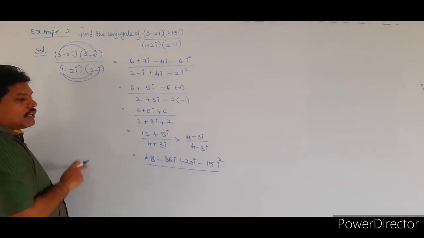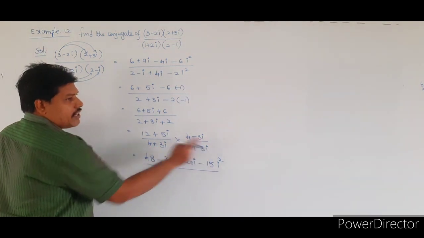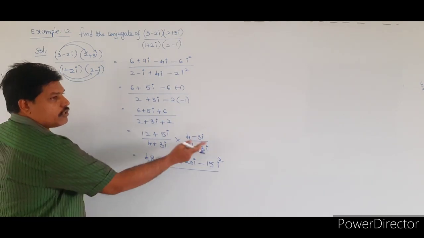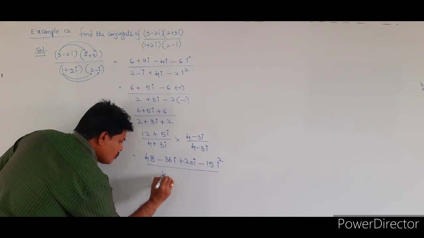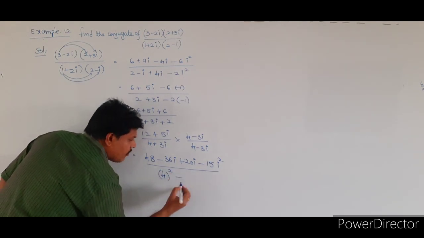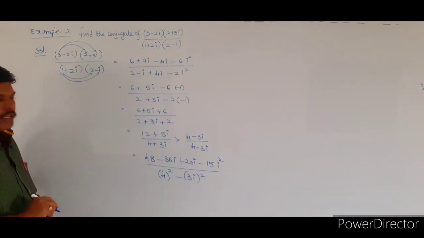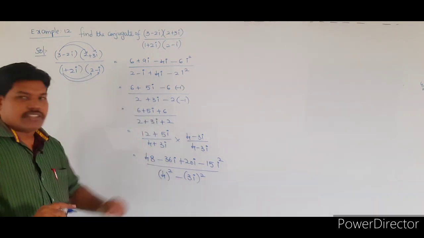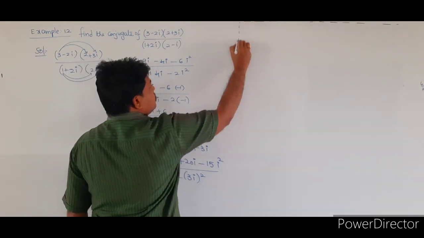In the denominator, (4 plus 3i) into (4 minus 3i), that is (a plus b)(a minus b), which becomes a square minus b square. So we can take it as 4 square minus (3i) whole square.